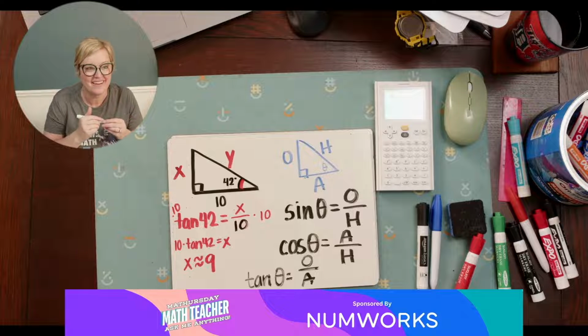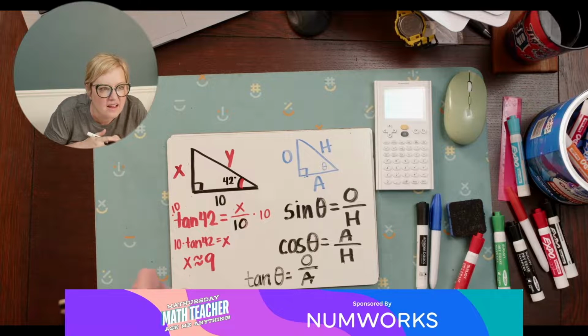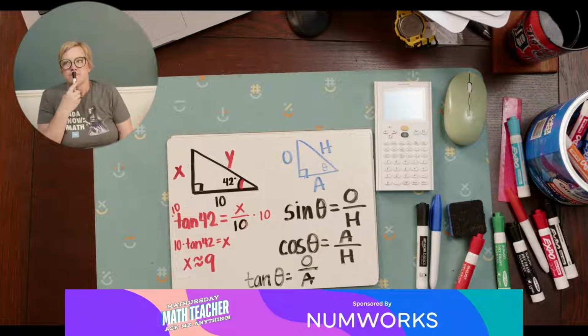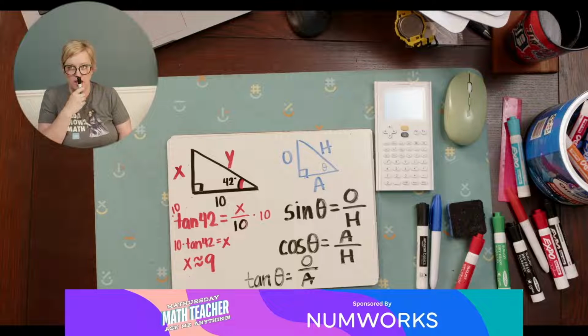All right. What if it is not a right triangle? How would you find a side length with only an angle and a side? If you only have one angle and one side length of a triangle, that's not enough information.